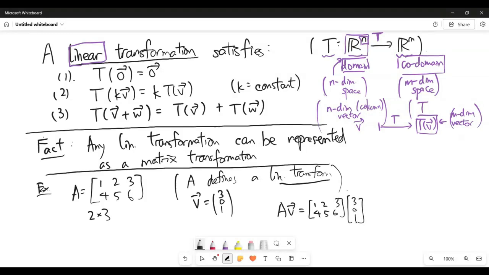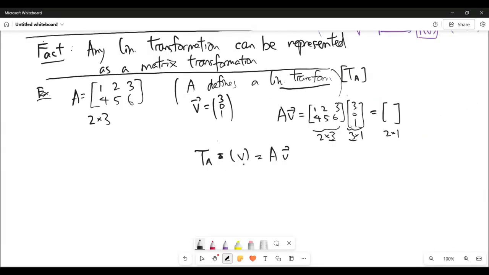You see the matrix A has the size 2 by 3 and the V has the size 3 by 1. So it is a valid matrix multiplication. After the matrix multiplication, it should be a 2 by 1 vector, right? If you remember the basic matrix multiplication, you see what I mean by this.